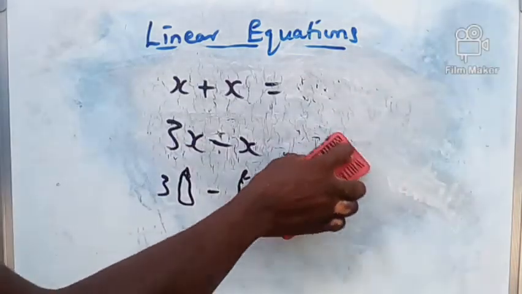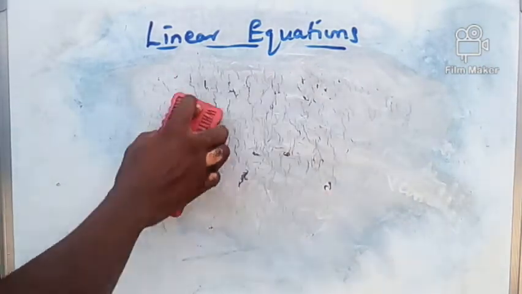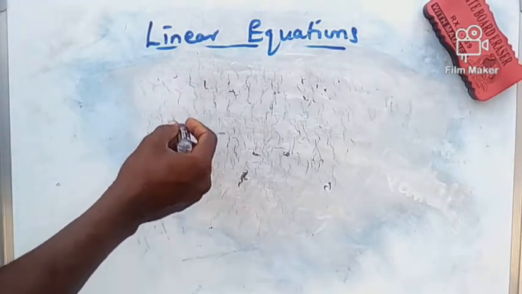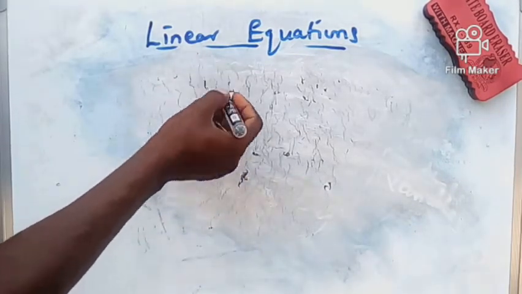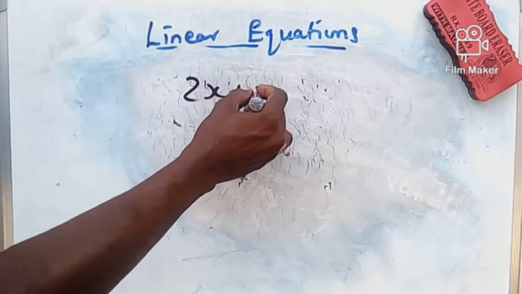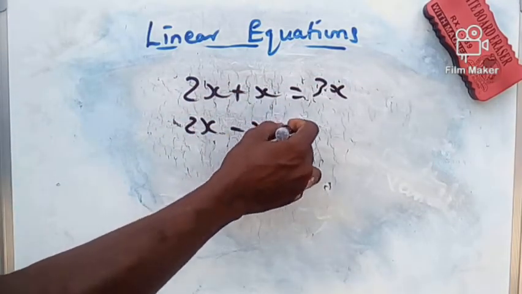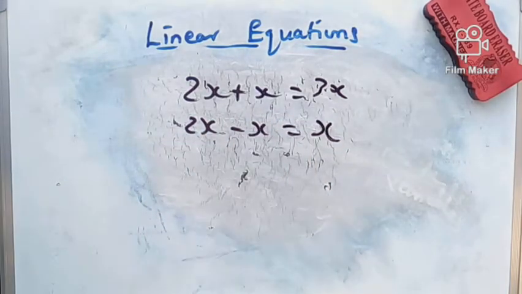And these are some of the simple arithmetic that you are going to do with variables. When variables are added together, they get doubled. When they are subtracted, they get reduced. So 2x plus x will give you what? 3x. 2x minus x will give you what? 1x, which is the same thing as x.